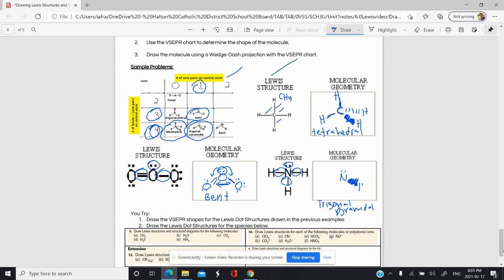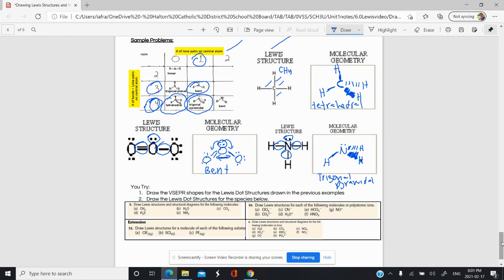So that's going to be our H there. We're going to have 1 wedge going away from the screen. I shouldn't say wedge, I should say dash, because it's going away from the screen, and then 1 in the plane of the screen. And so that there is our trigonal pyramidal for ammonia.